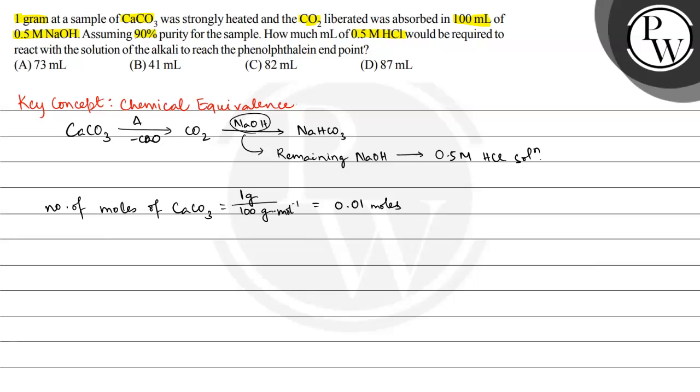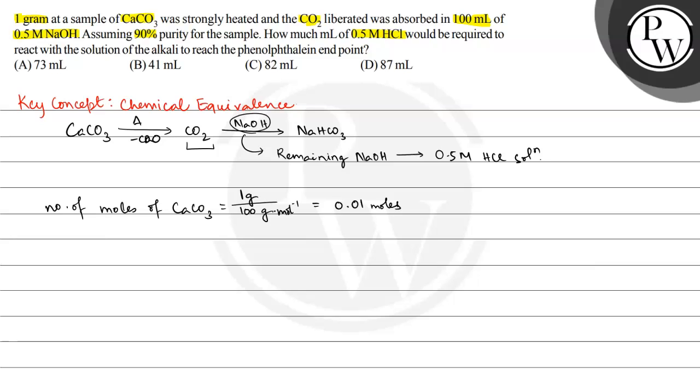Now the purity is 90%. That means the number of moles of carbon dioxide will be 90% of the number of moles of calcium carbonate, because 1 mole of calcium carbonate से 1 mole of carbon dioxide निकलनी चाहिए. But अगर sample 90% pure है, then 1 mole of calcium carbonate से 0.9 moles of carbon dioxide निकलेगा.